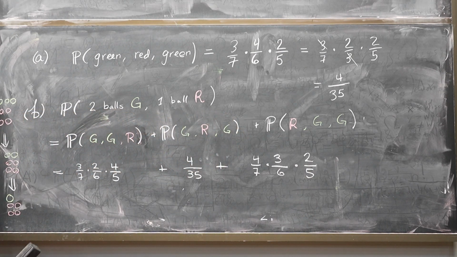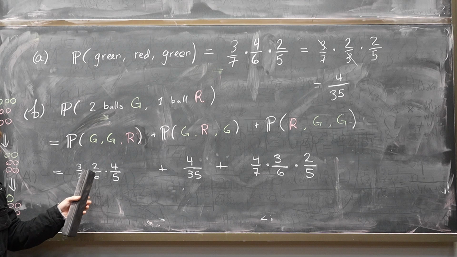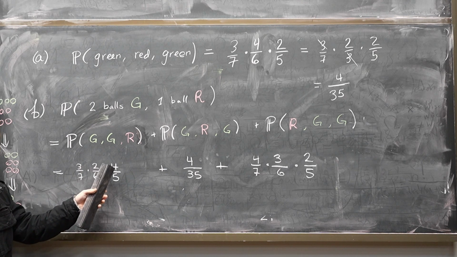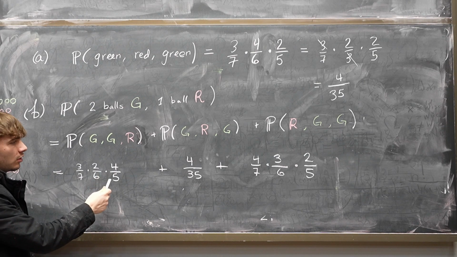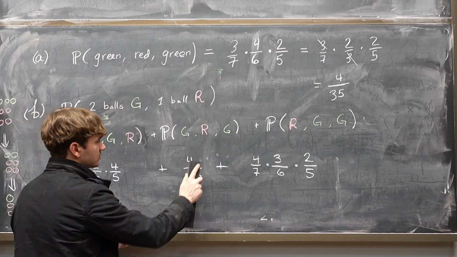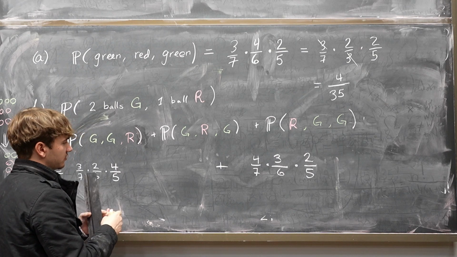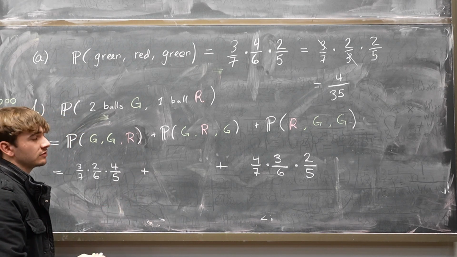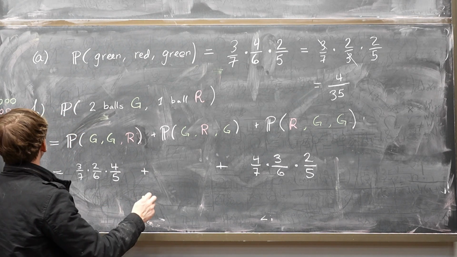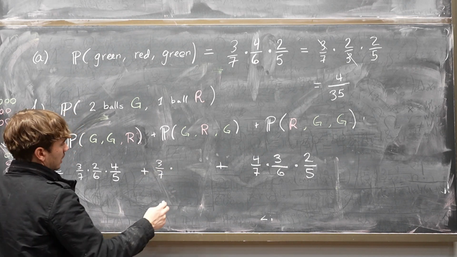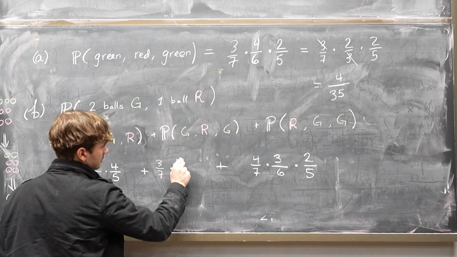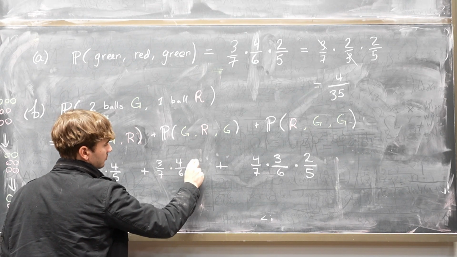And so actually notice that although the numerators are kind of different in all 3 of these calculations, let's rewrite the 4/35 into its unsimplified form, which was 3/7 times 4/6 times 2/5.